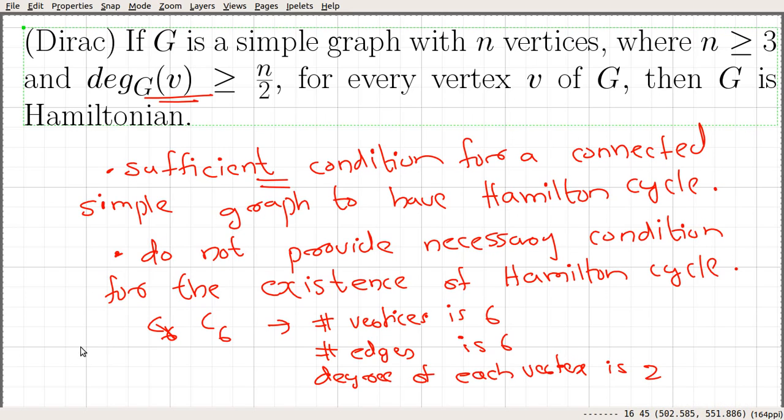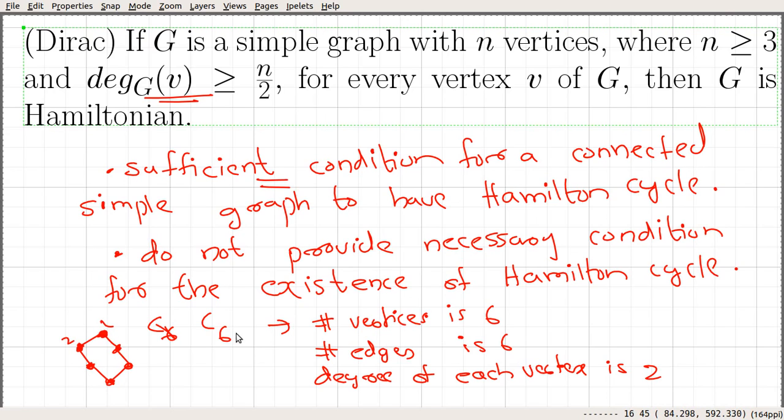Since it is a cycle, C6 will look something like 1 2 3 4 5 6. So here we have 6 vertices and 6 edges, and if you look at the degree of each vertex, you can see that the degree is 2.